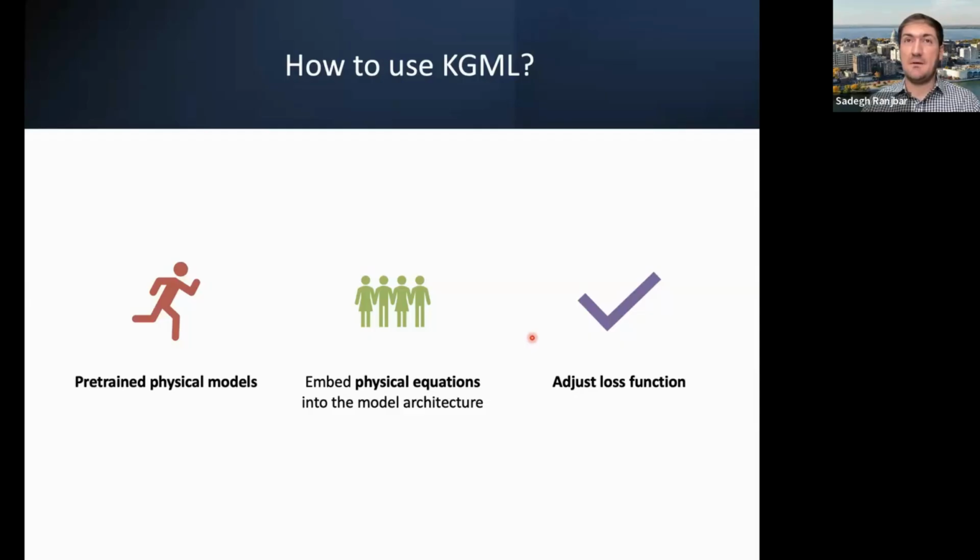One of them is that anytime we do not have large data sets in our training, we can use pre-trained physical models. For example, imagine you want to train a neural network model that has thousands of weights and biases, and we can train it using 500 data sets, but it doesn't get very well fitted.